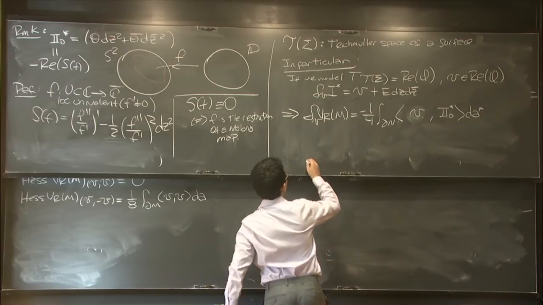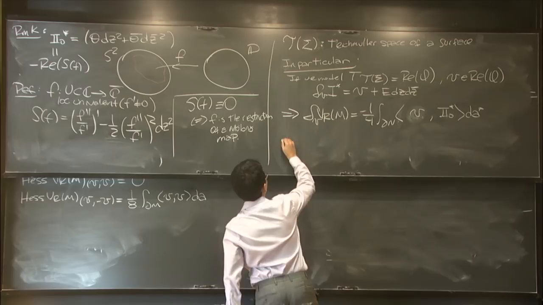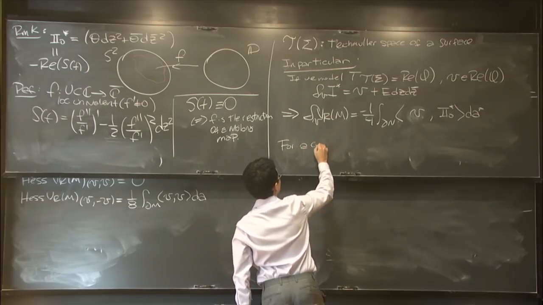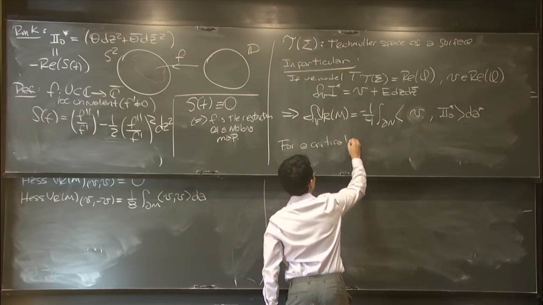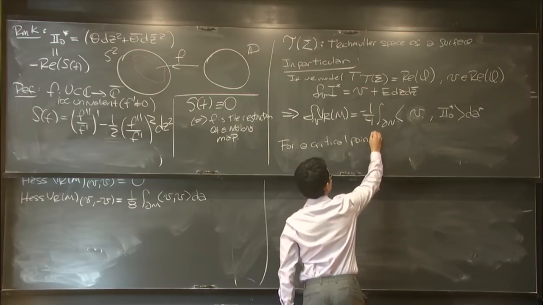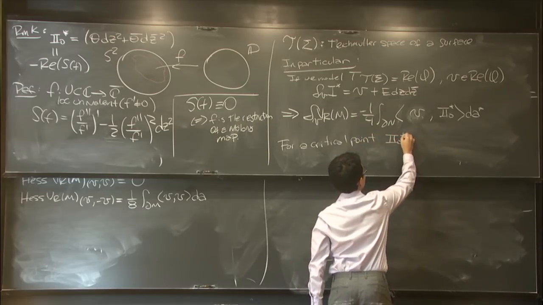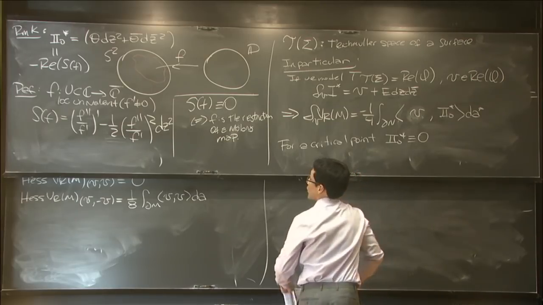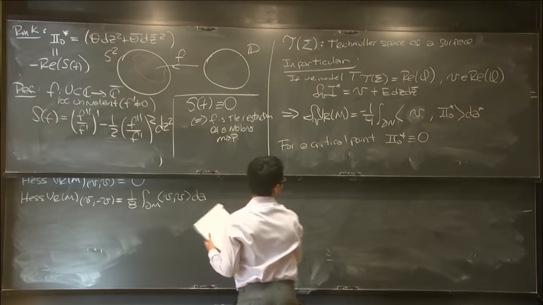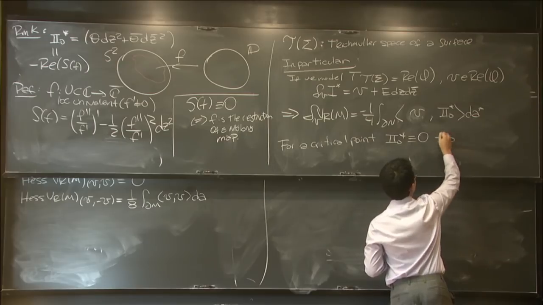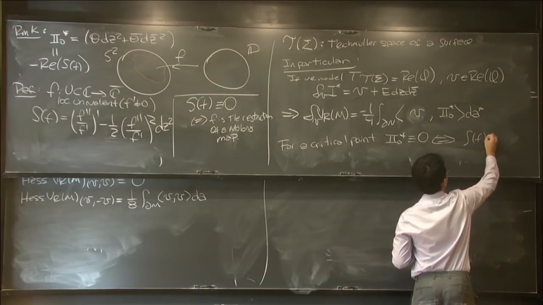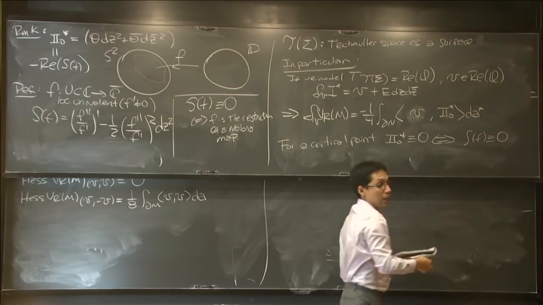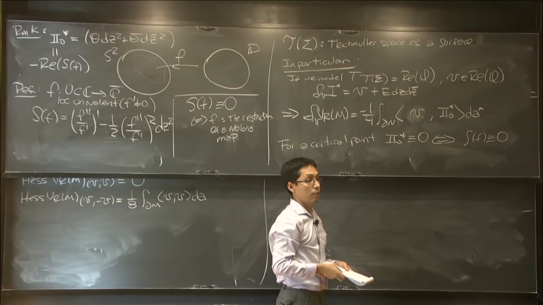So then you know that for a critical point, this should vanish identically, which in turn, given the definition, will mean that the Schwarzian of the map F should vanish identically.